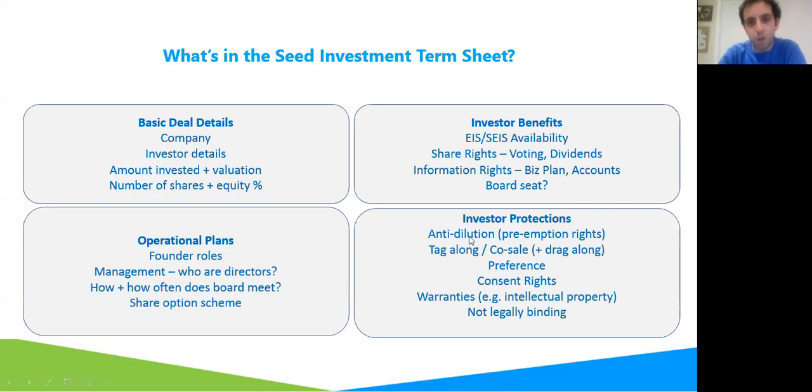They might also want to know about the founder roles, like the vesting provisions, which are definitely relevant, because at this stage a lot of it is an investment in you.